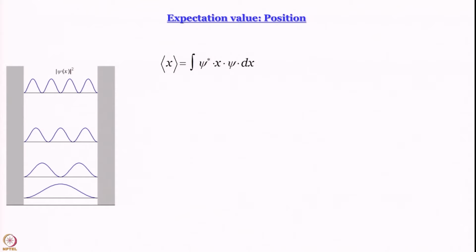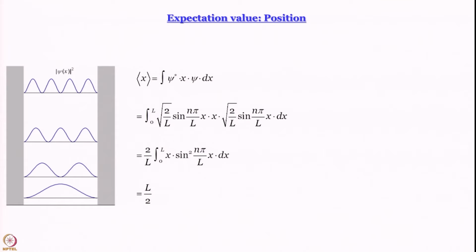We have said already that the expectation value is integral psi star x psi dx. In the present case psi star is simply psi. So we plug in the values and this is what we get: integral 0 to L, root 2 by L sin n pi x by L, multiplied by x, multiplied by root 2 by L sin n pi x by L, dx.